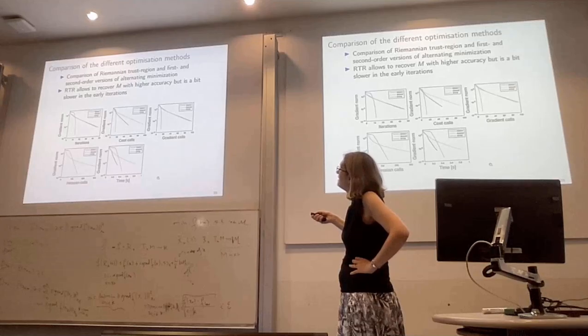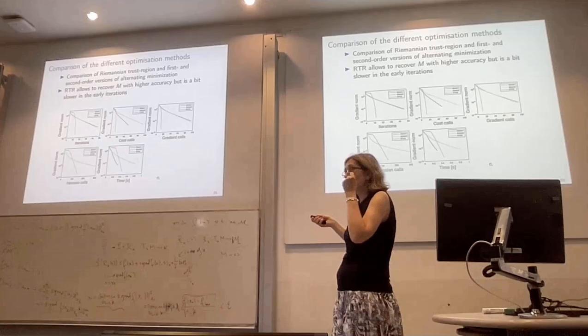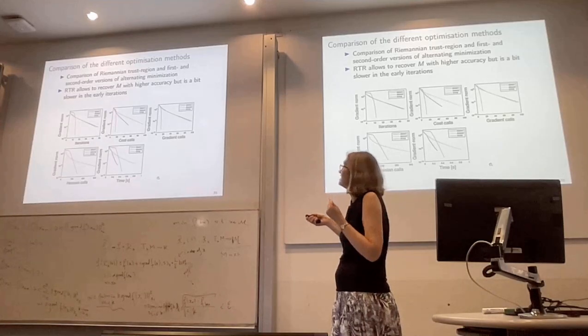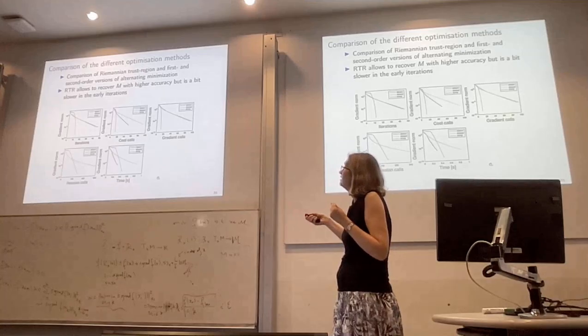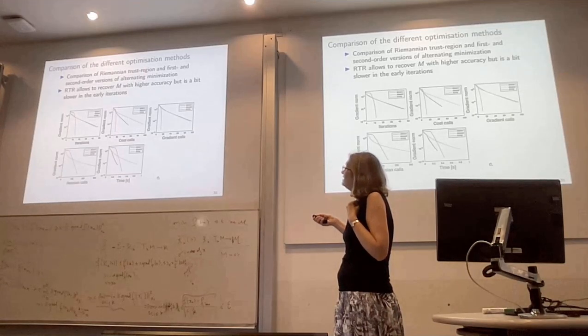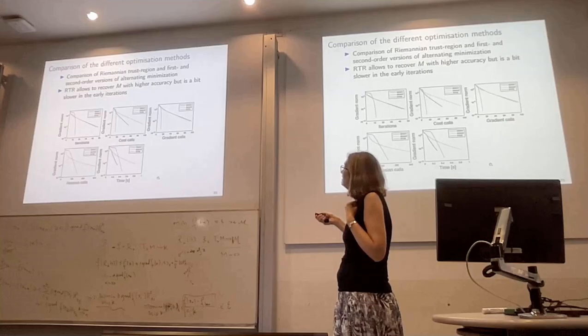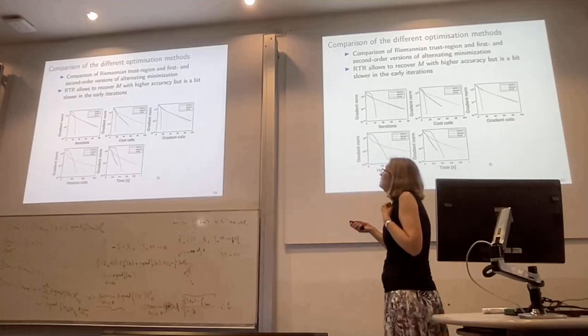And we see that the Riemannian trust region, which does not do separate minimization but treats the variables x and u together, is much better because of curvature information. In terms of gradient norms, this variant is much cheaper per iteration.